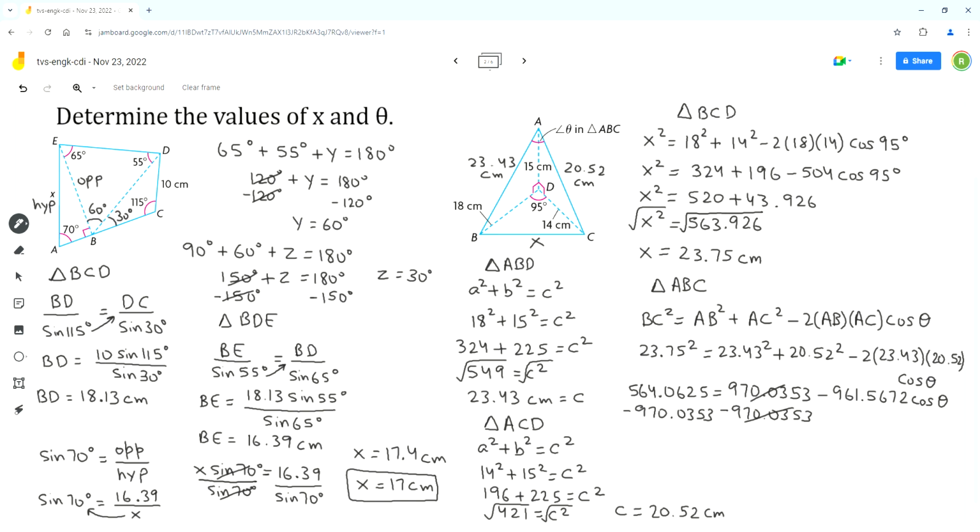I get. Next, we can divide both sides by negative 961.5672.